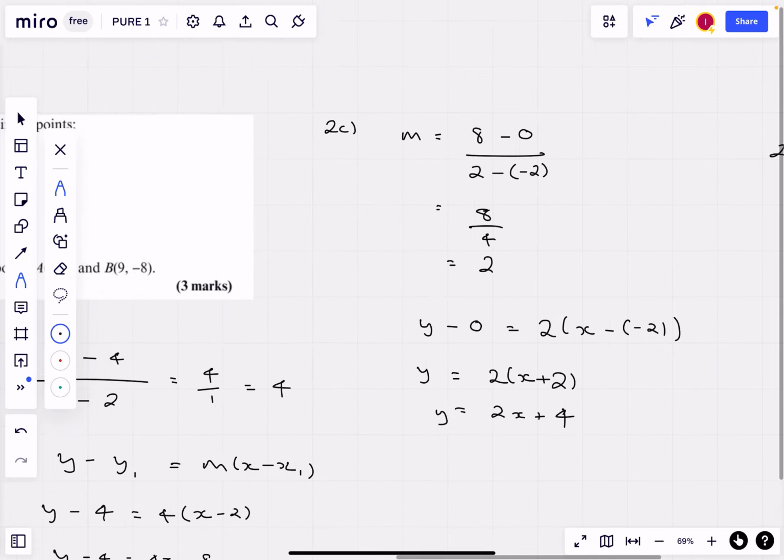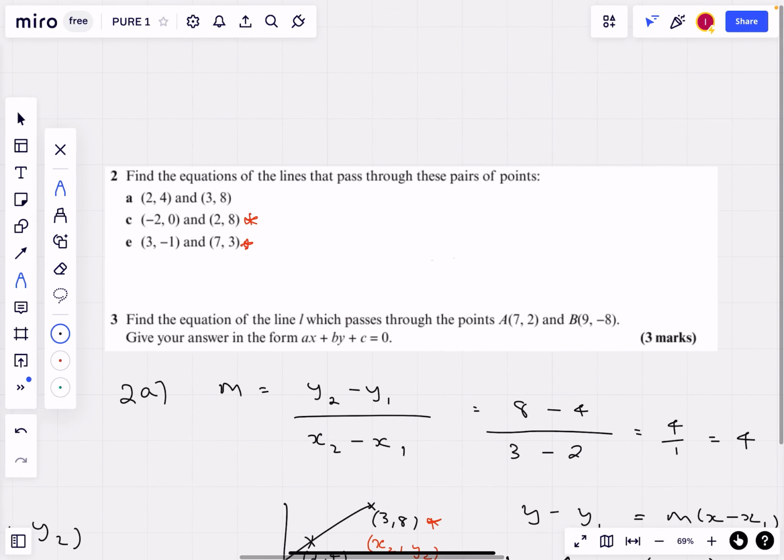Okay. Question 3. Find the equation of the line L which passes through the points 7, 2 and 9, minus 8. Give your answer in the form ax plus by plus c equals 0. Okay. Which one is higher? This one.